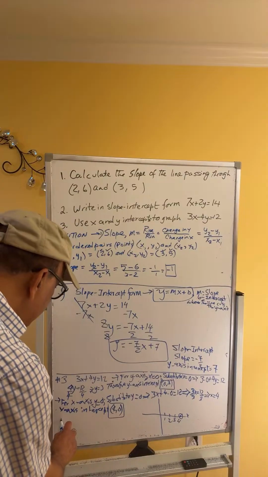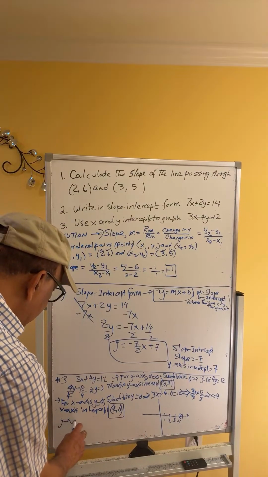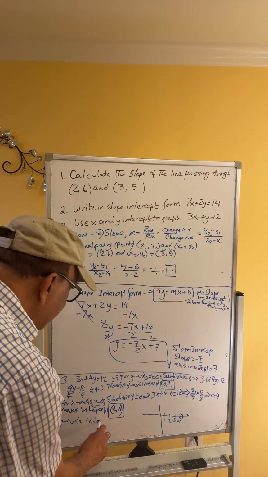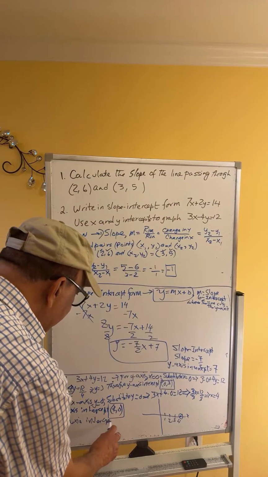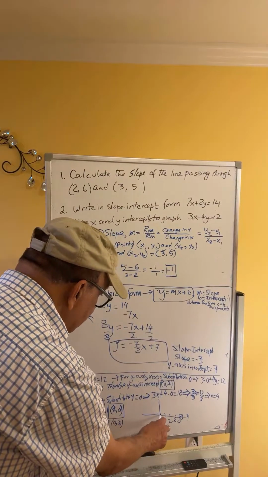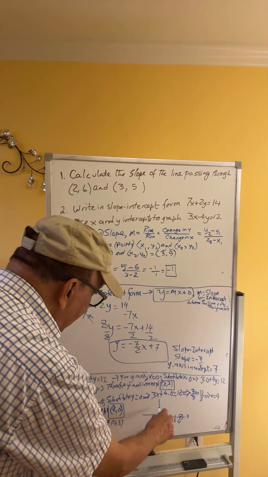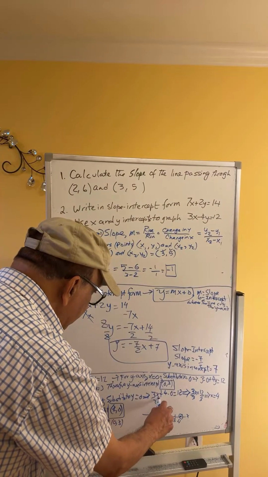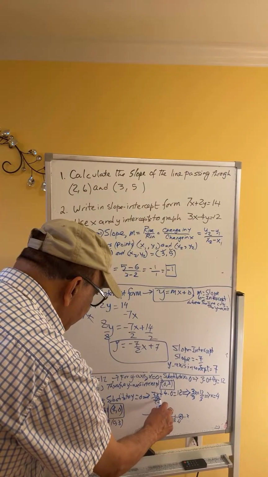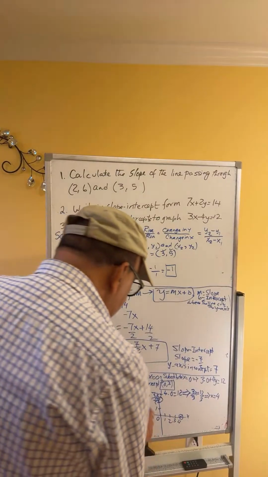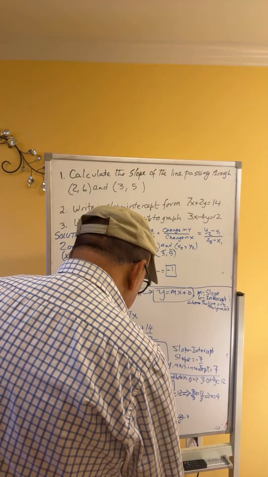And the y-axis intercept, we already solved in the first part, is 0, 3. 0 means the origin, and 3 up, 1, 2 and 3. So this is your 3. This is the y-axis intercept. Remember, this is 3. Okay.